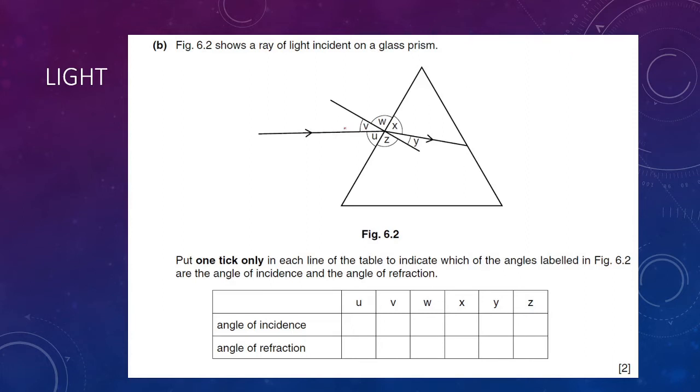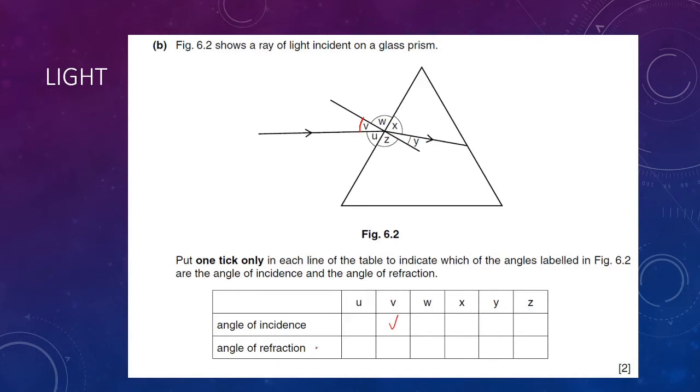Guys, this line is the incident ray and that line is the refracted ray. The angle of incidence is the angle between the incident ray and the normal line. So in this drawing, the angle is represented by phi. So let's put a tick for angle of incidence on phi.